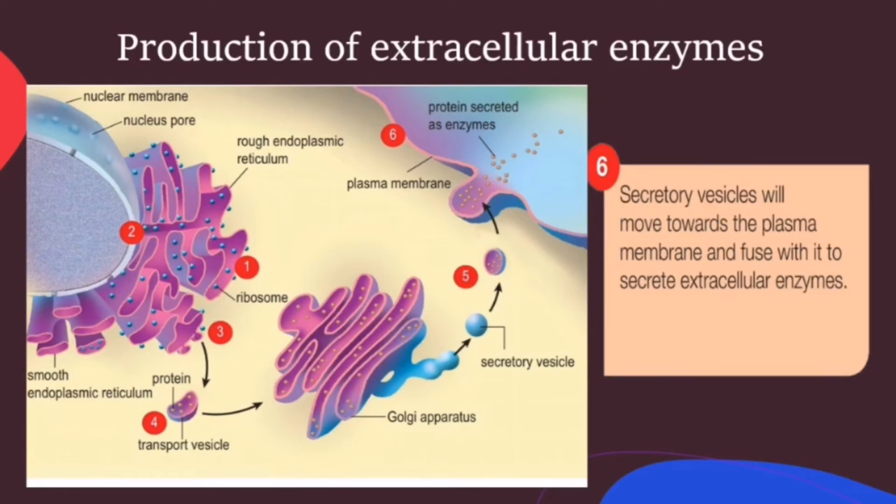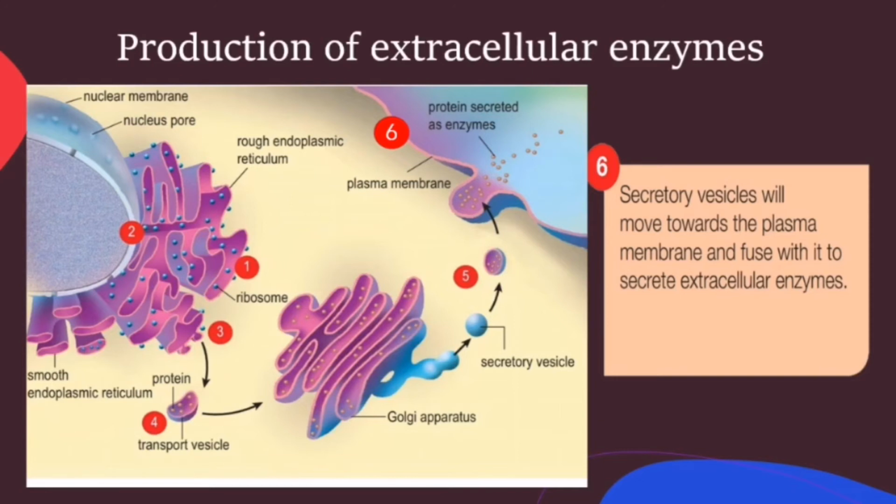The secretory vesicle will move toward the plasma membrane. After it reaches the plasma membrane, the secretory vesicle will fuse with the plasma membrane to secrete this enzyme outside of the cells. Now, this enzyme is already outside of the cells. So that is how the extracellular enzymes are produced.